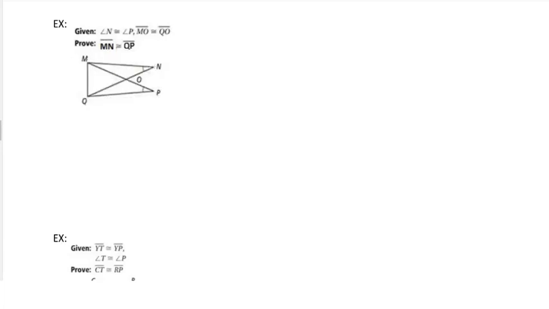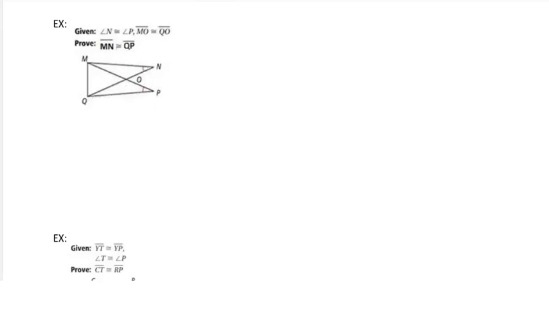Now, do we have any hints about which ones we're going to be working with? Not really, because MN and QP could be with this triangle and this one, or the overlapping ones. So we're not 100% sure which ones we're going to be doing. We can either prove these two triangles are congruent and then use CPCTC, or we can do the overlapping triangles.